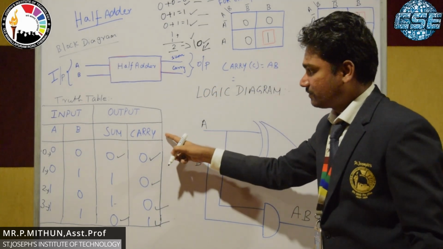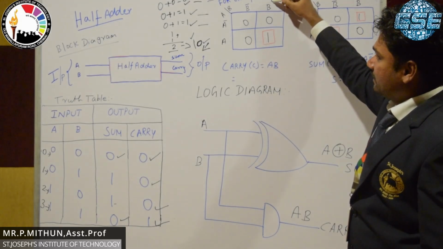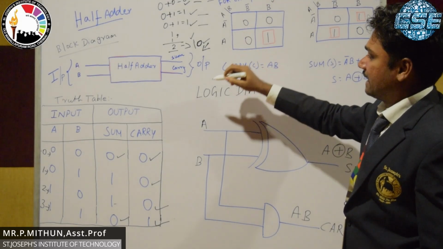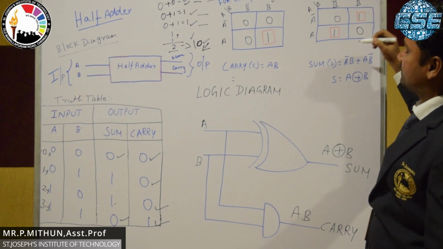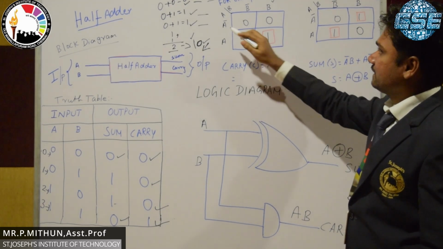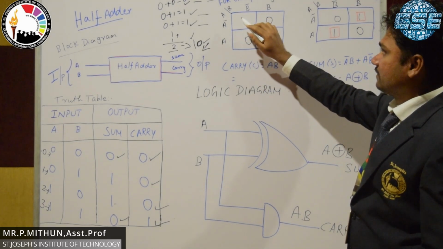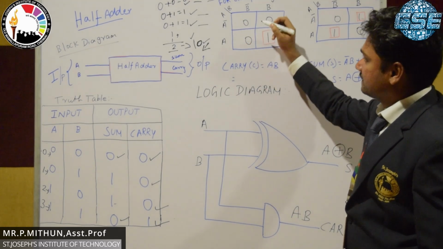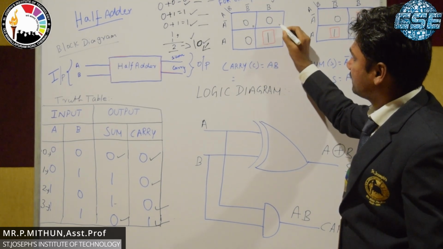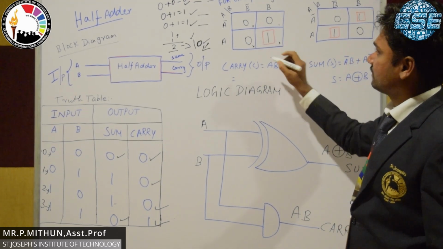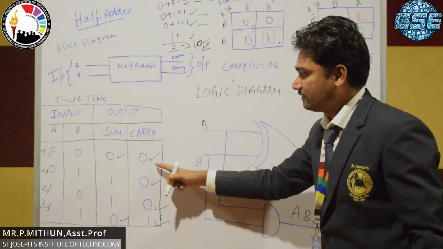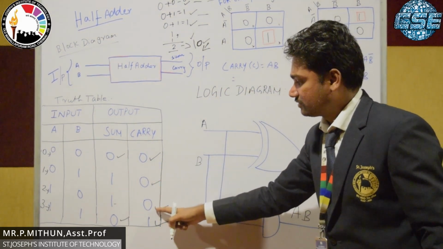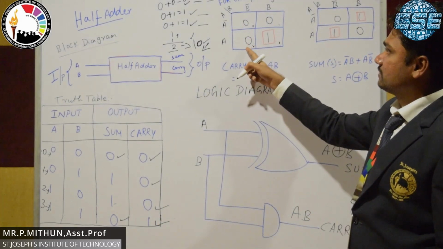For the carry K map we take the numbers from the carry column, and for the sum K map we take the sum numbers. For the carry, the decimal positions are 0, 1, 2, 3, and we enter the carry values 0, 0, 0, 1.